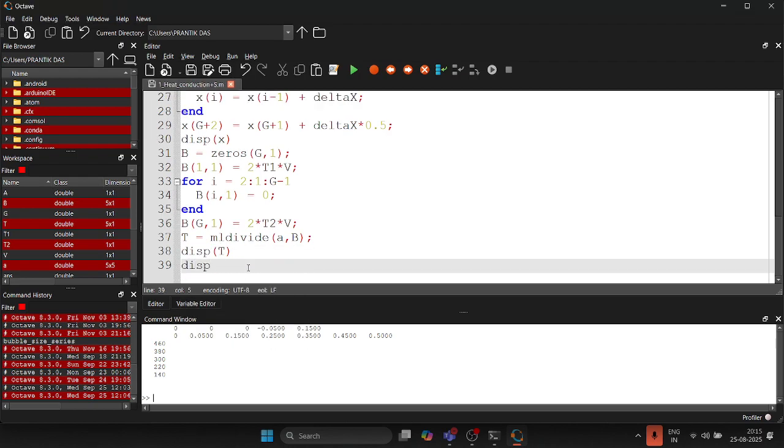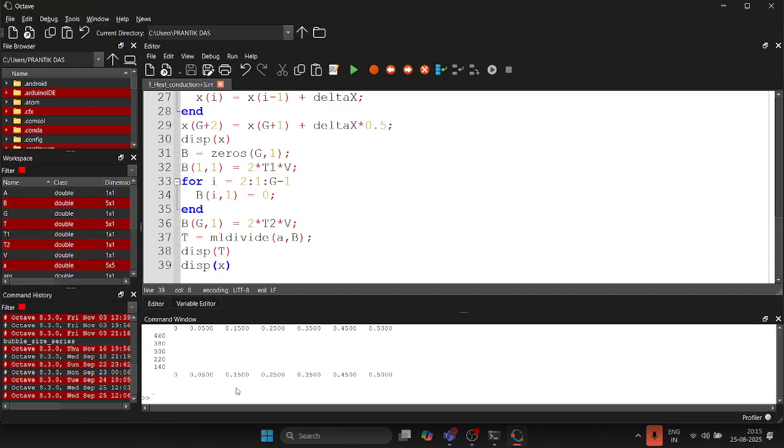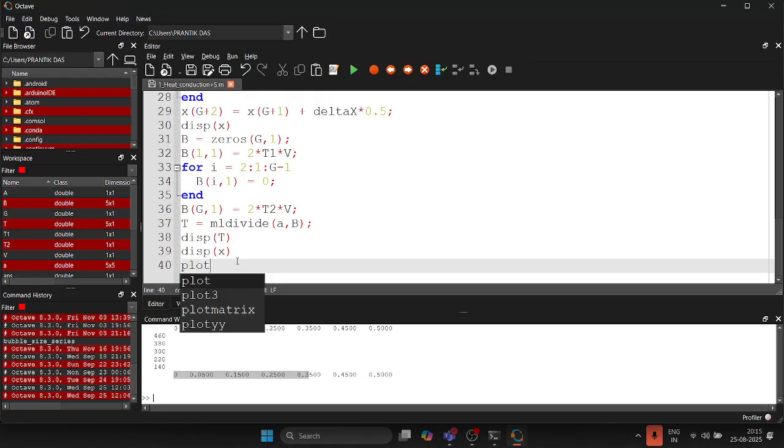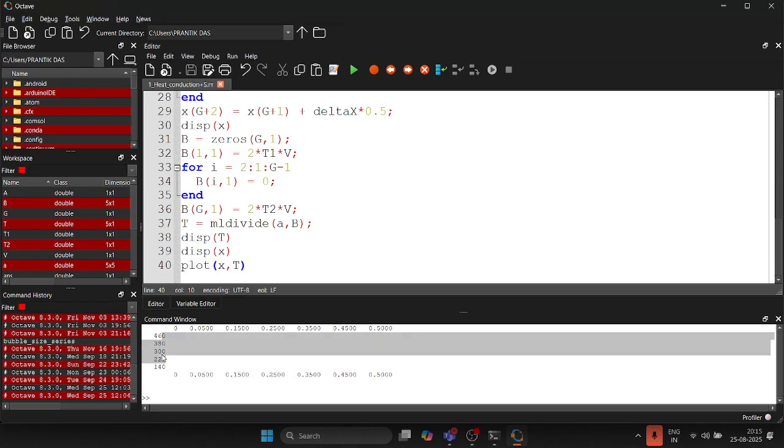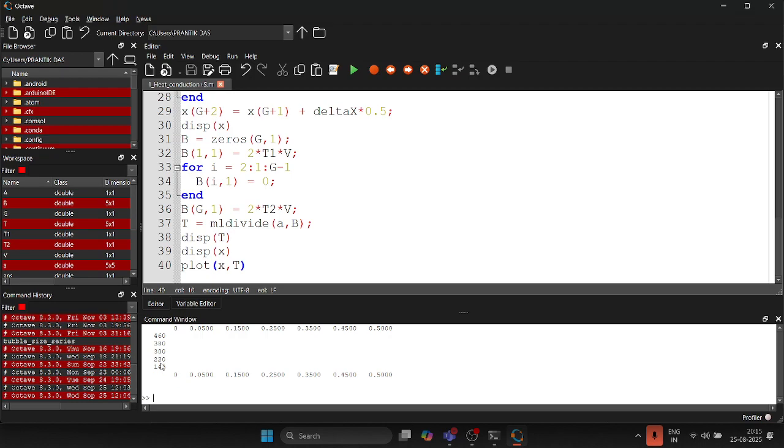For example, if I want to display this X array that I've done, let us show you that this one is your X array. Okay, so if I want to plot this X versus T, there will be an error, since the number of elements present here, for example the temperature, is 1 2 3 4 5, so 5 temperatures are there.